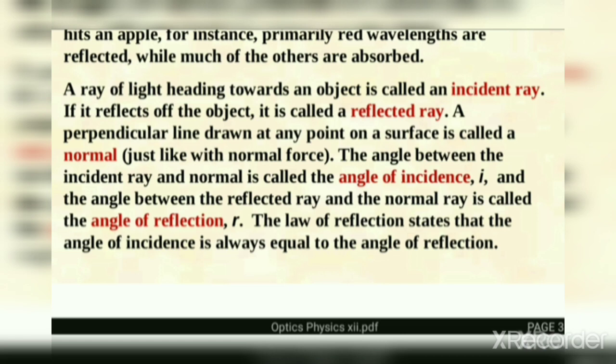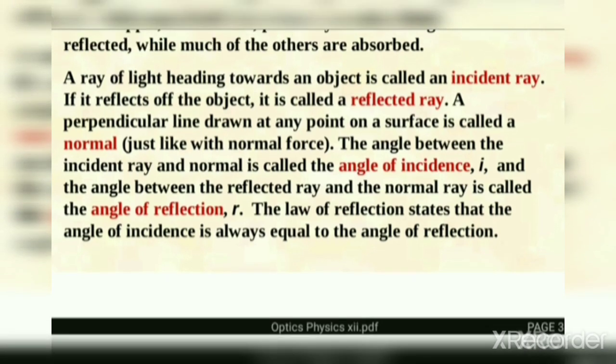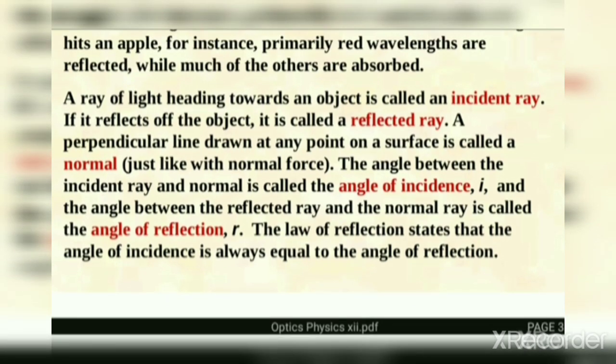Now again quickly revise the law of reflection which I said. In that, all these terms like angle of incidence, angle of reflection, incident ray, normal drawn at the point of incidence, etc. are being used.